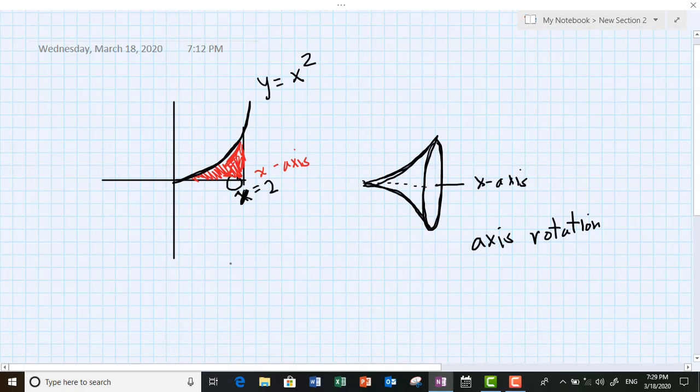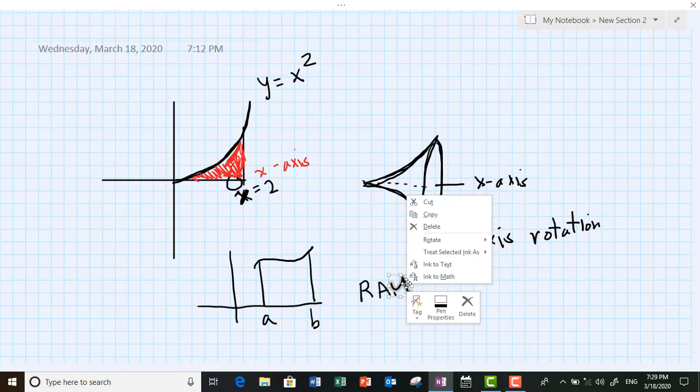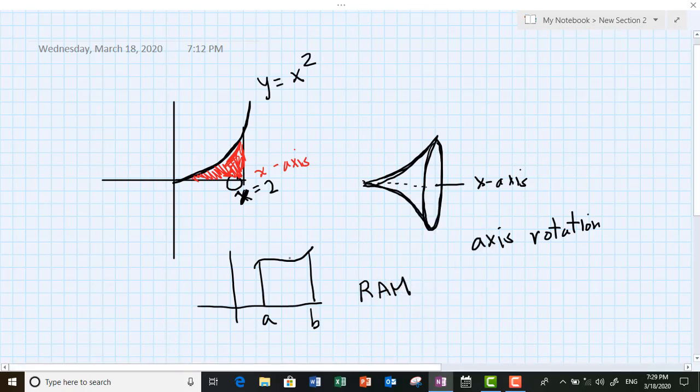Now, recall, do you remember how you find the area underneath the curve from A to B? Do you remember the method we used to approximate the actual area underneath the curve? That's right. We used a method called RAM, Rectangular Approximation Method.